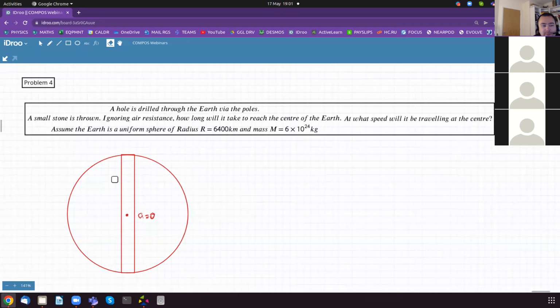Is it constant up to the center and then suddenly becomes zero and then becomes negative? Any thoughts?